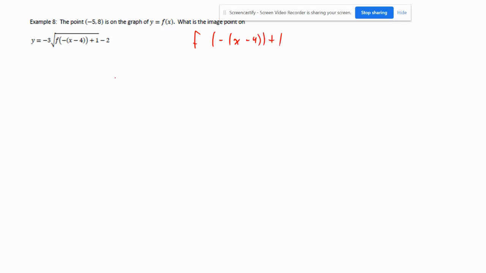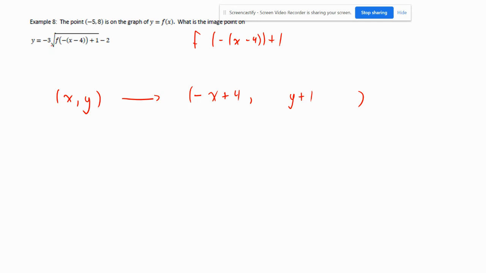Well, we're putting a negative in front, so it's going to be a negative x, and I'm going 4 to the right, so it's going to be plus 4. Okay, next, I'm taking my y, and I'm adding 1 to it. So all I've done is look at the part underneath the root sign. I'm dealing with that guy first. Now, what do we know about square root functions?